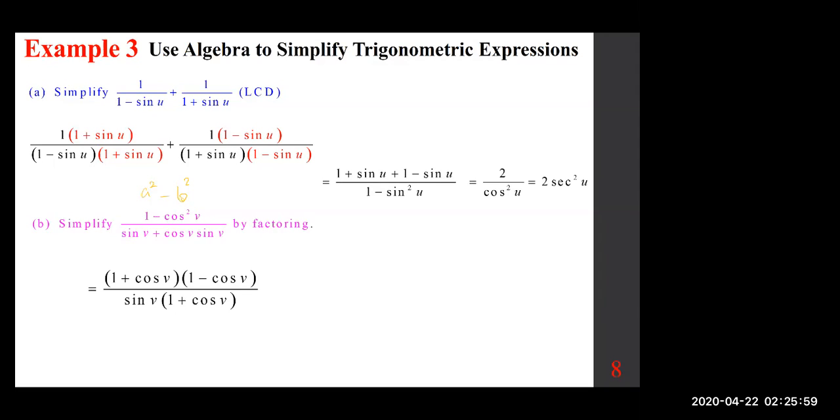And so you can drop the common factor and you get 1 minus cosine over sine. You can rewrite this as 2 fractions. Okay, class?